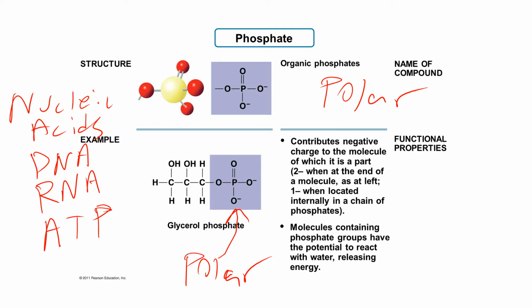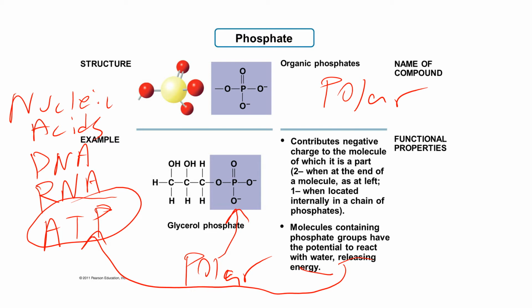We'll come back to phosphate groups. Here it talks about phosphate groups having the potential to react with water to release energy. We're going to come back to and talk about ATP in just a little bit.